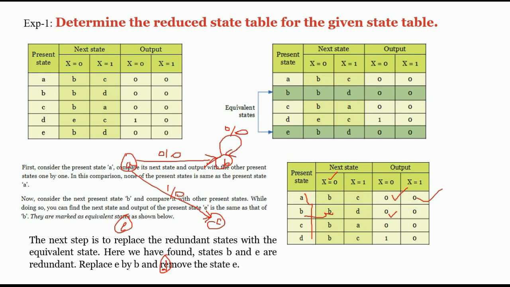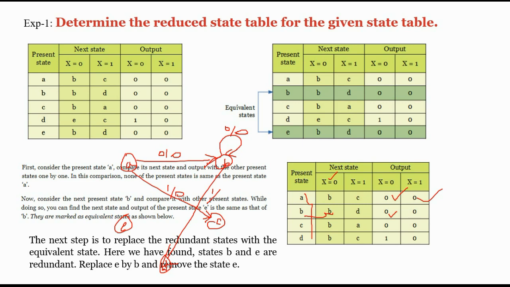Next, B to D, where is D? D is here. So you have to draw a direct line from B to D like this. B to D, what is the input? x is 1, and what is the corresponding output? 0.